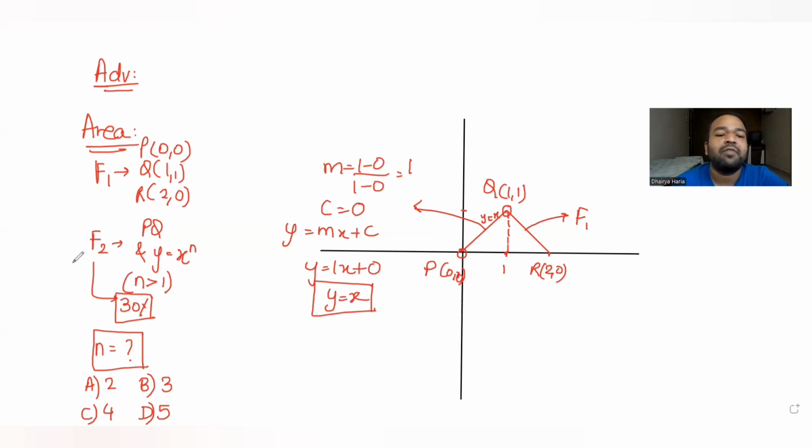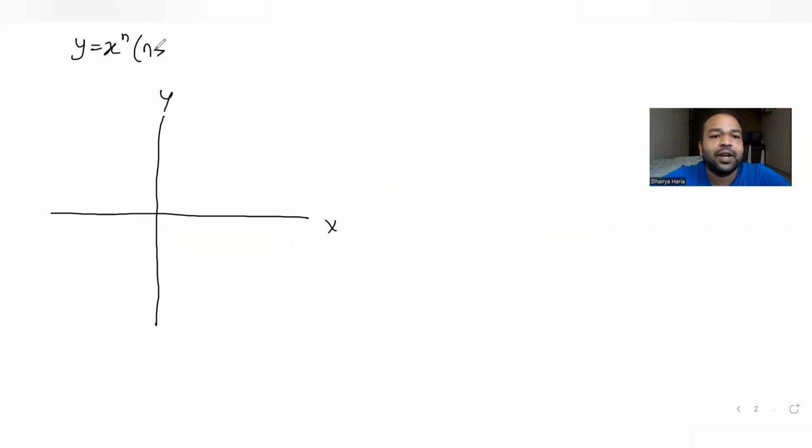We have been told that farmer F2 takes away 30% of the land between PQ and y equal to x raised to n. So first of all, let's understand the curve y equal to x raised to n. Let me take an example to make you understand. We have the curve y equal to x raised to n, but n is greater than 1, because y equal to x, when n is equal to 1, is a straight line.